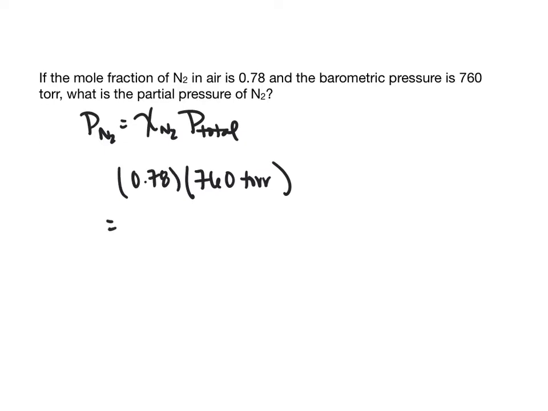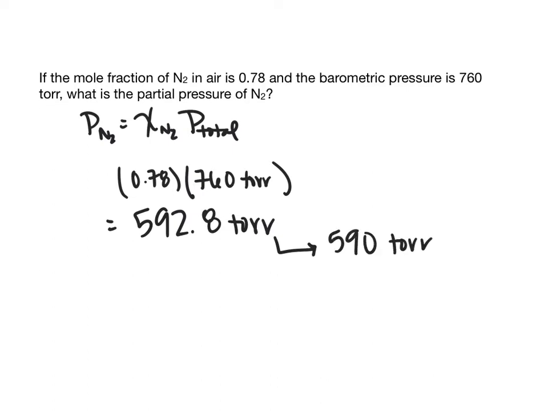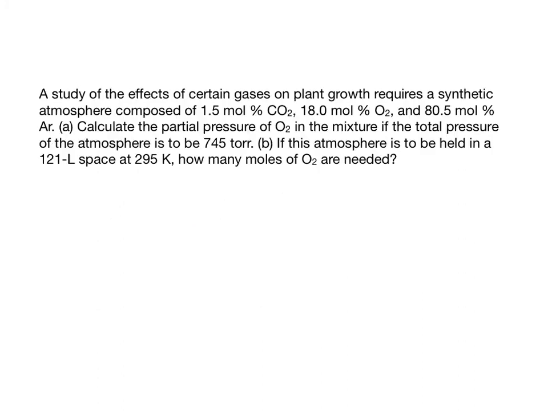When you plug this into your calculator, we get 592.8 torr. And so we need to convert that to just have two significant figures, and that would be 590 torr. So let's look at another example.